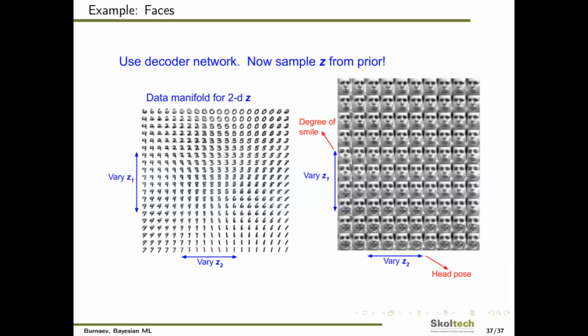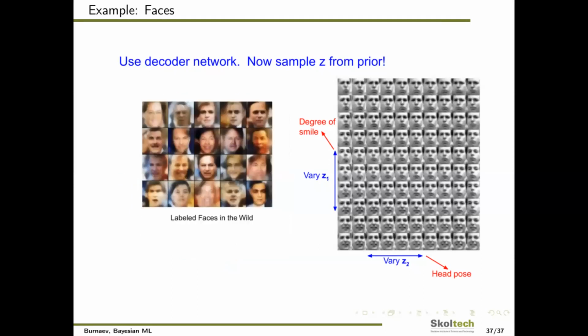We vary the head pose. As we increase that, we can have a different angle of the head. So we can try to use this approach to generate some faces.